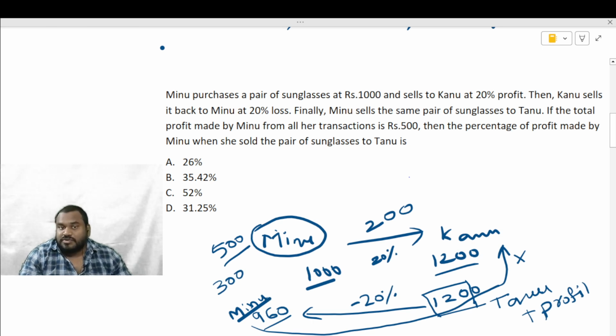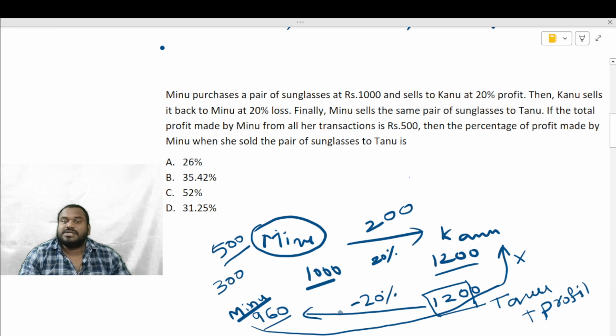Then the percentage of profit made by Minu when she sold the pair of sunglasses to Tanu. So our focus is only on the transaction between Minu and Tanu. So we need to focus on this.